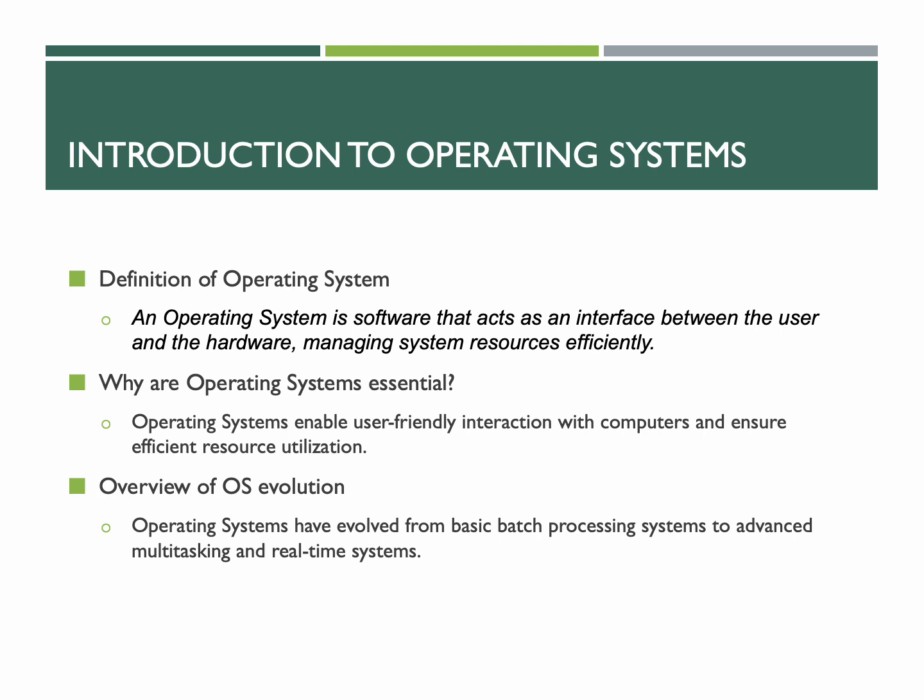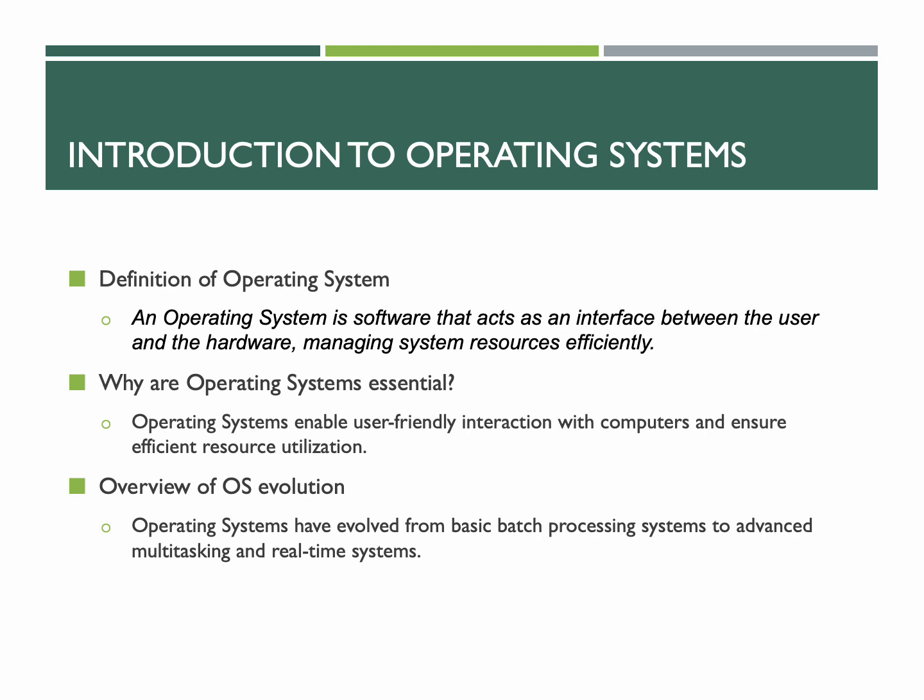If we look at an overview of operating system evolution, operating systems have come a long way, from simple batch processing systems that executed one program at a time to today's sophisticated multitasking and real-time systems.